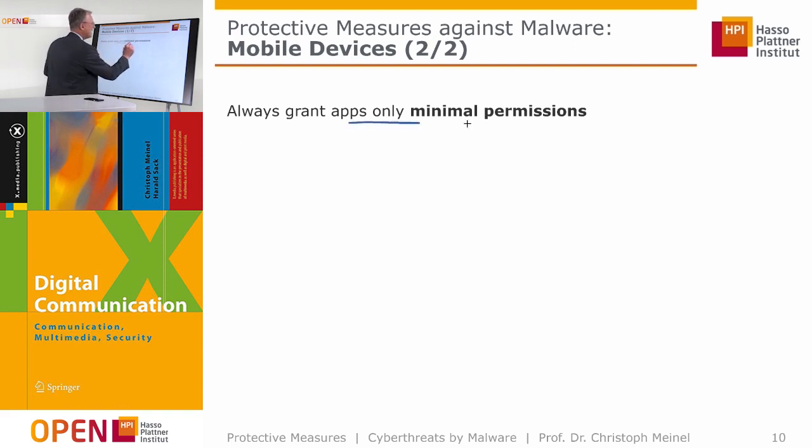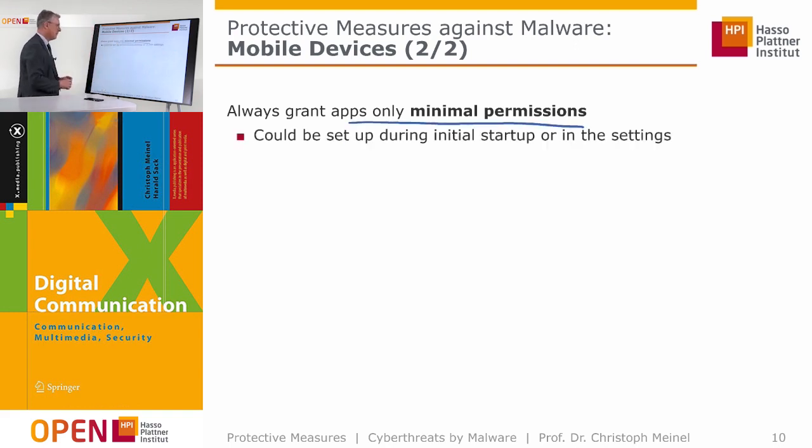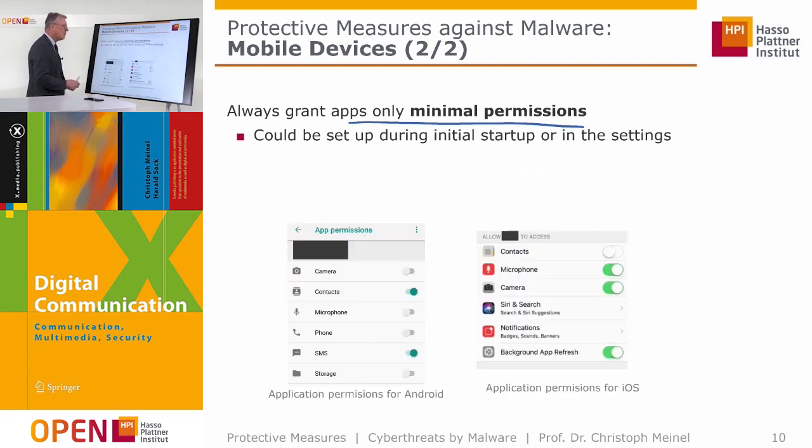Grant apps only minimal permissions. It's possible to set up the permissions for which resources a new application can have access. One can do this in the phase of the initial installation and startup, or you can go into the settings of your systems.